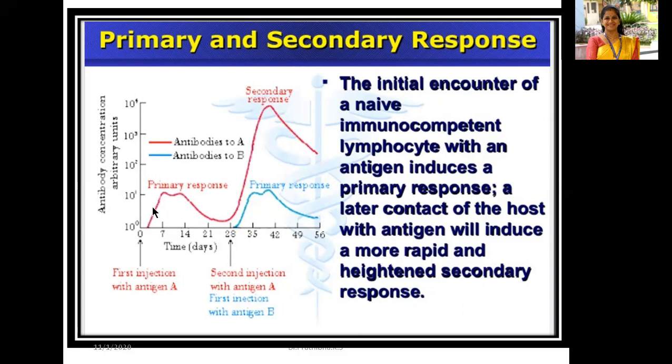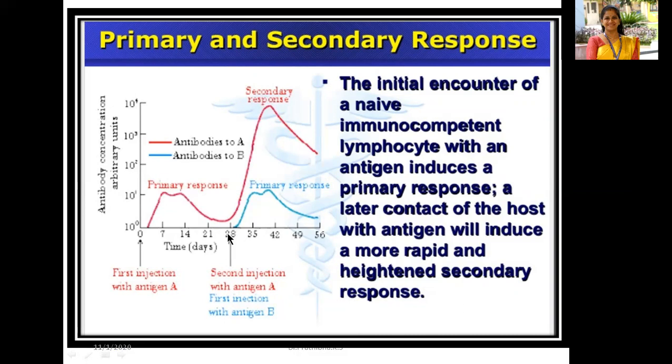So always in the primary immune response, we can see the production of IgM. In the beginning, once the B lymphocyte starts producing the antibodies, the same naive B cells will also further divide into memory cells. What is the job of the memory cells?